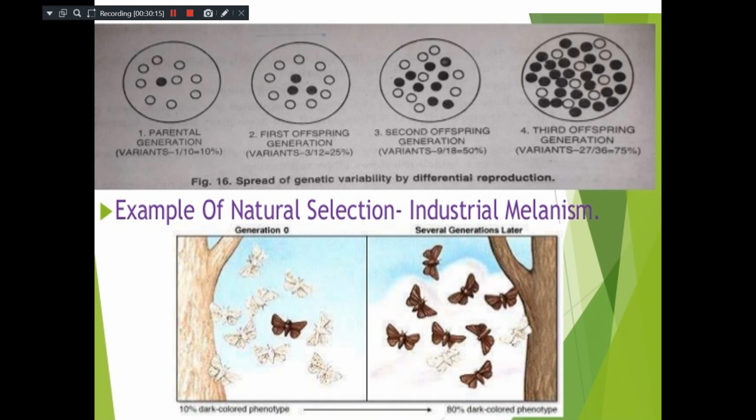Before the Industrial Revolution, natural selection selected the grey peppered moths. But with the changed environmental condition, nature preferred the dark colored ones. So their population increased, they got maximum reproductive success, and the population of dark colored pepper moths increased at the cost of the grey colored pepper moths.